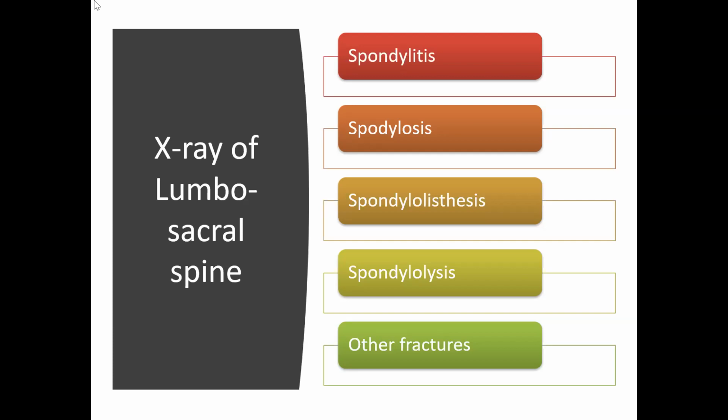But if it is spondyloarthritis, definitely there are a lot of signs of spondyloarthritis. We'll be coming to that in subsequent slides. What is spondylosis? This term is very important because many of us, particularly those who are in the basics, find these terms confusing. So I just try to clarify this.